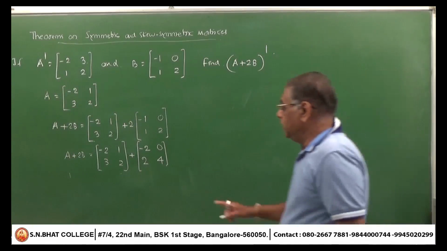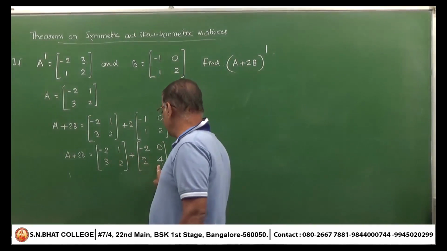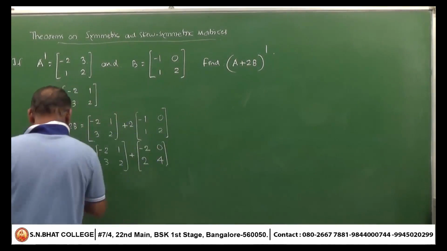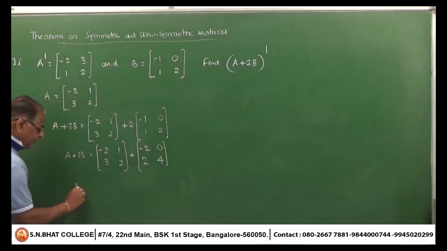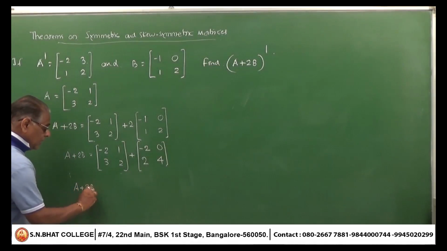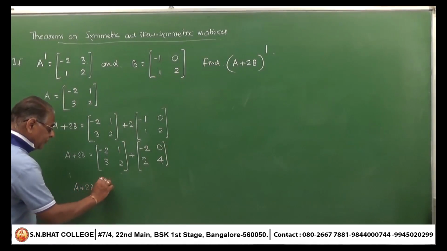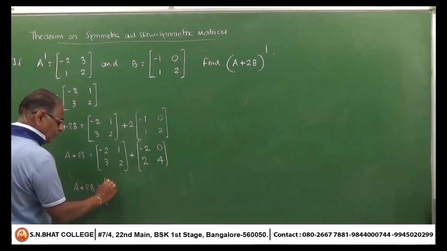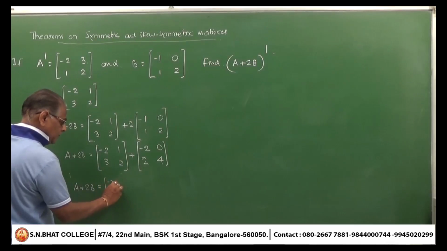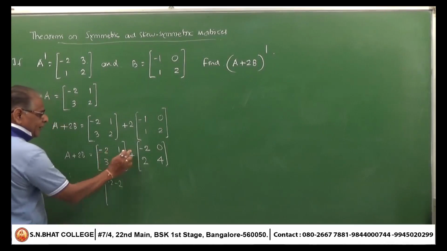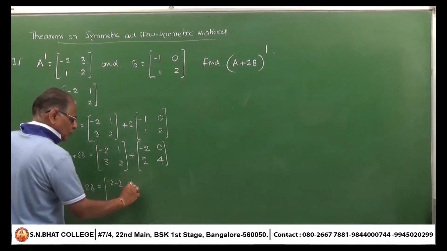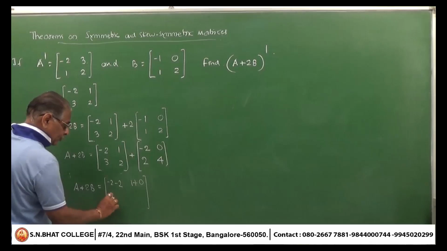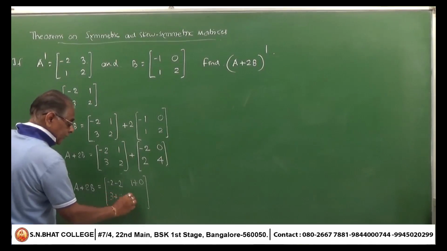Next, we are adding the two matrices. You have to add the corresponding elements of the two matrices. Therefore A plus 2B is: -2 plus -2, next 1 plus 0, next 3 plus 2, next 2 plus 4.